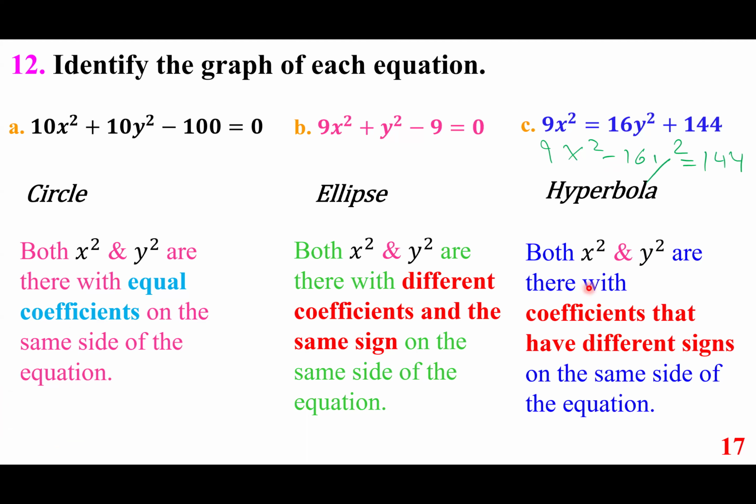Both x squared and y squared are there with coefficients that have different signs on the same side of the equation. So when you bring them to the same side, if they have different signs, that means one is positive, one is negative. Doesn't matter which one is which. It's a hyperbola. So I hope everybody's okay with this.